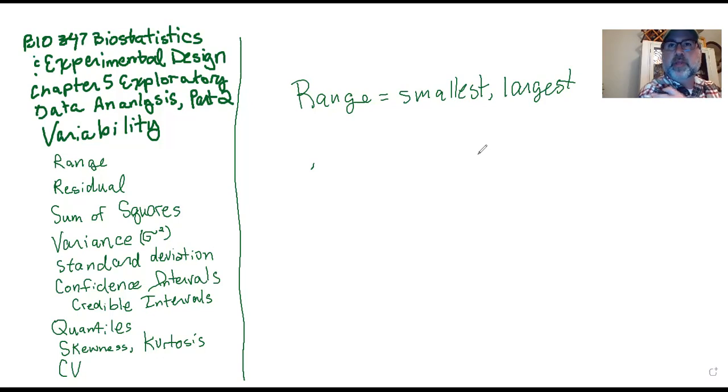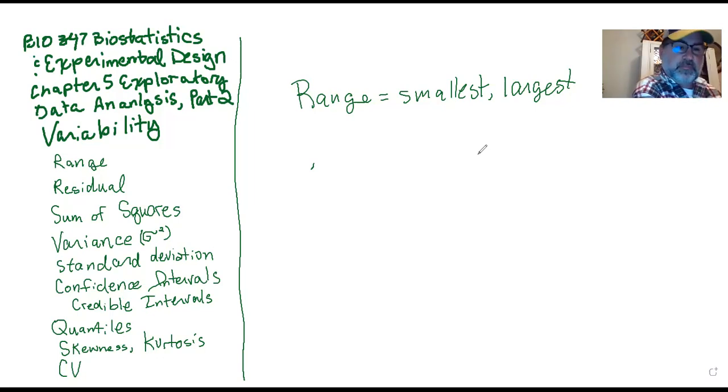That's one way to report it, but my preference is you actually give the smallest and largest, because if I say the range in arm length was 7 centimeters, it doesn't give you any sort of scale. But if I said the range in arm length was 120 to 127 centimeters, then it makes that 7, just visualizing what that means, much easier.